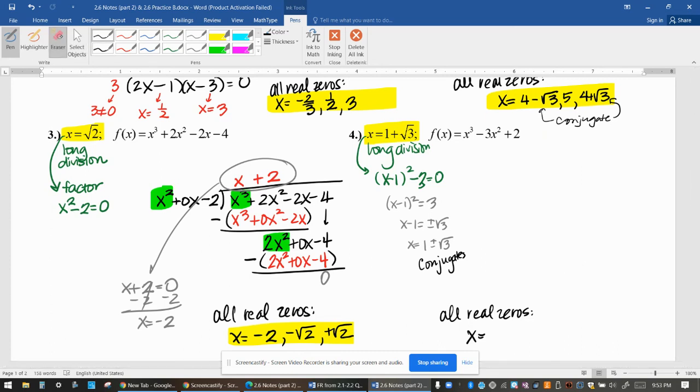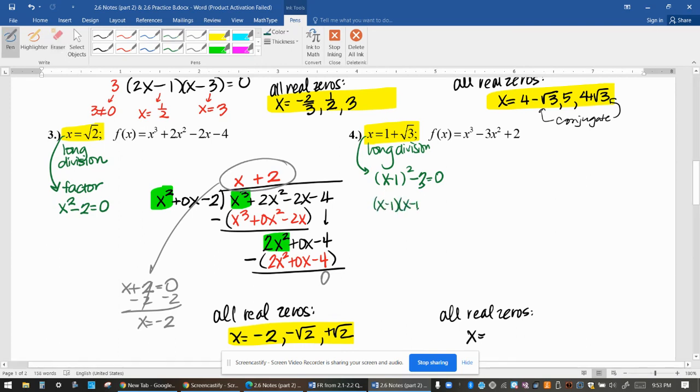Now, the factored form was x minus 1 squared minus 3. So I need to figure out what that looked like as a polynomial so I can set up my long division. Okay, so remember I had set it equal to 0 just to verify that the answer was 1 plus root 3, and that the 0. But in order for me to do long division, I need to multiply this out.